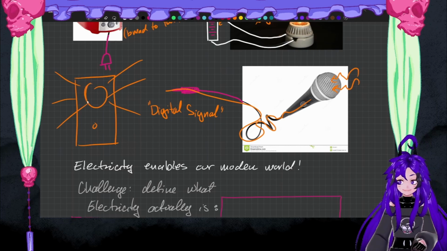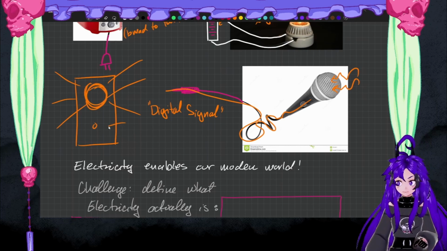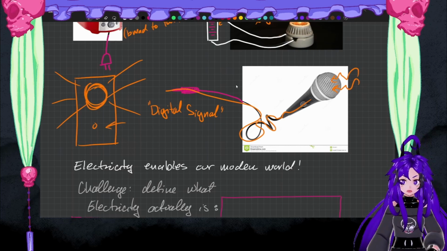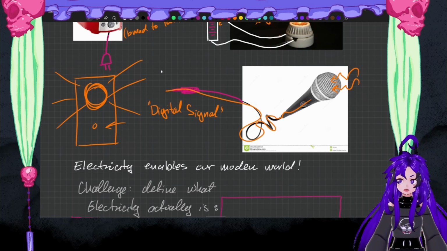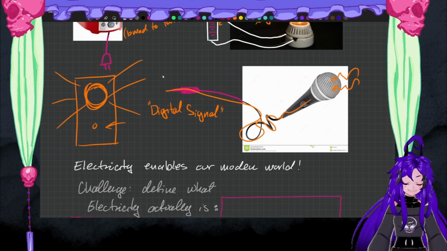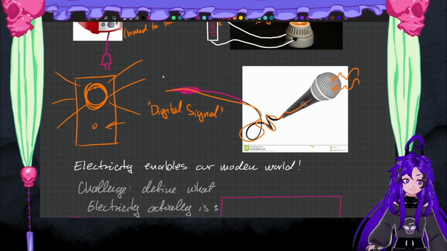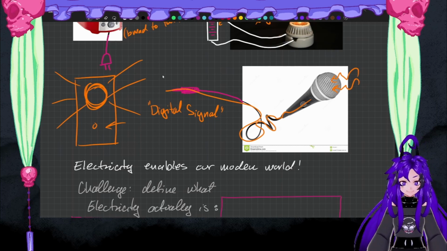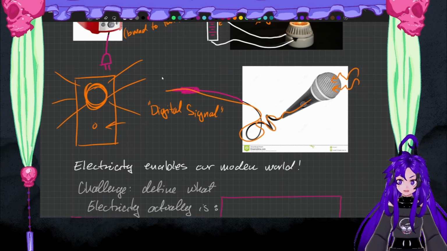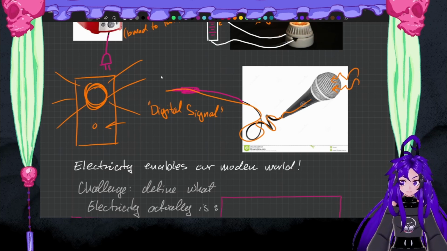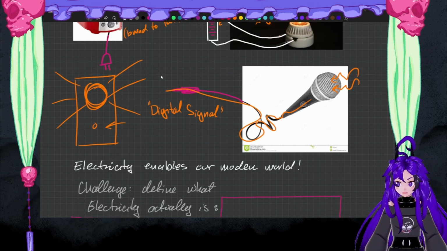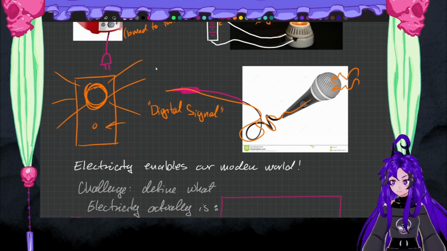And then that electricity made sound again when plugged into this amplifier. So we know what electricity kind of does at an instinctive level, because everyone, at least in modern times, has grown up since birth with electricity. At least in this country, for sure.